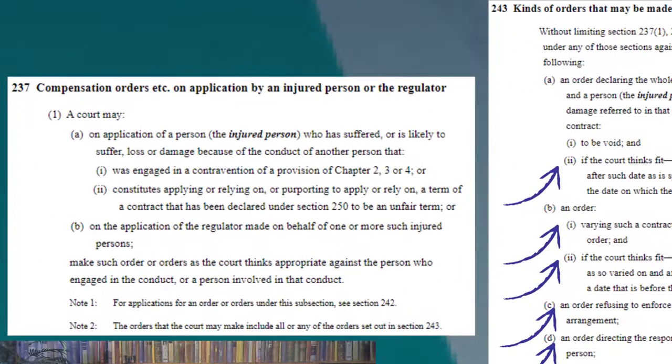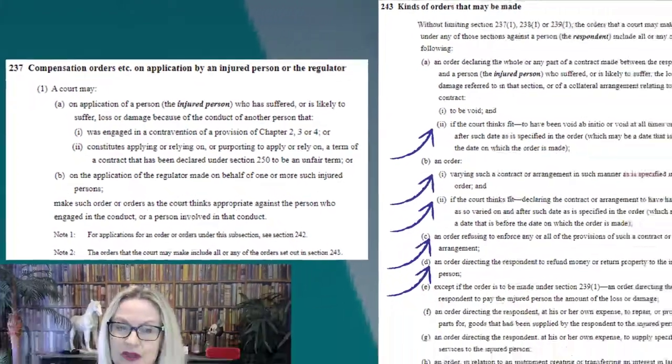Section 237 says a court may, on application of a person who suffered or is likely to suffer loss or damage because of conduct of another person that was engaged in a contravention of Section 18, make such order or orders as the court thinks appropriate against the person who engaged in the conduct, or again, accessorial liability, a person involved in the conduct.